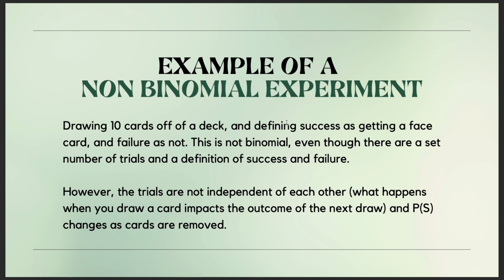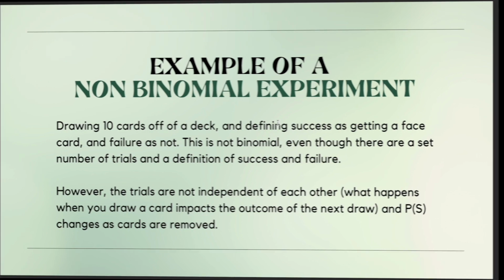I'm assuming you take the card out and don't put it back. So the outcome of one trial is going to affect the next one. If you draw a face card the first time, then the second time you have a slightly decreased chance of getting a face card. So even though there are two outcomes, even though we can say success and failure, we have this problem where the trials interact with each other, and therefore it's not binomial.